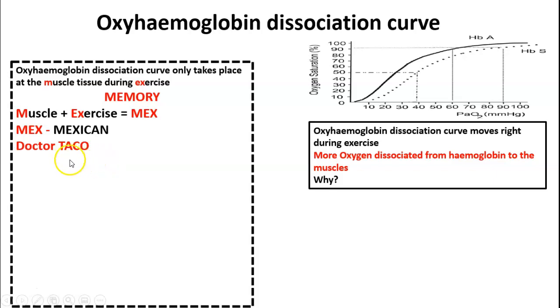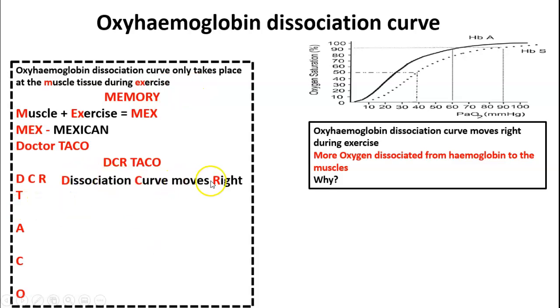The reason why I'm using this is because if you can create this chain, it will help you when you're answering. Dr. Taco is going to be abbreviated into DCR TACO, and that is then going to come down to here. So, in terms of why the oxy-haemoglobin dissociation curve moves to the right during exercise, the dissociation curve moves right because of an increase in this, and steeper of these two.